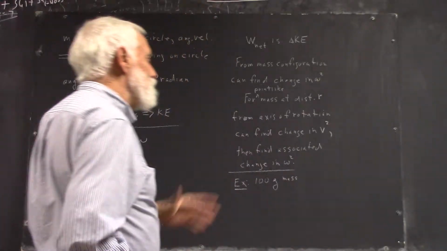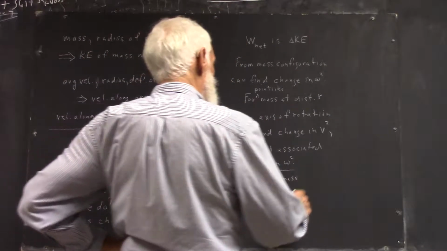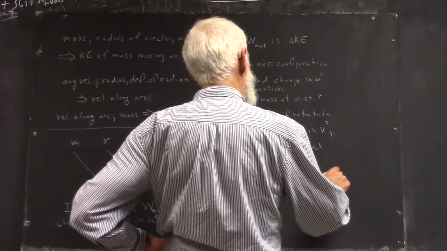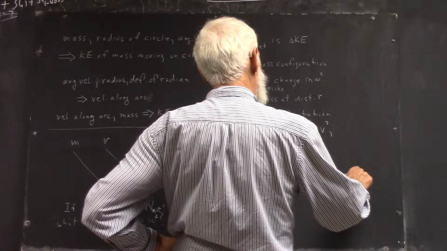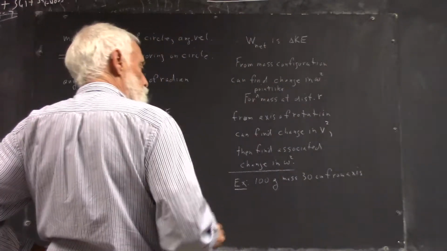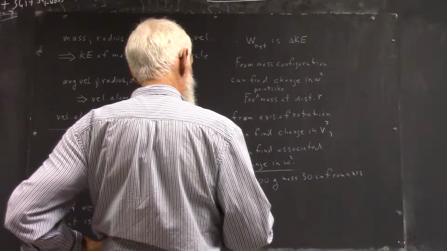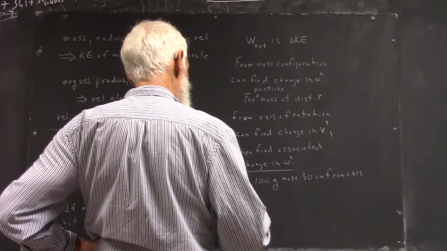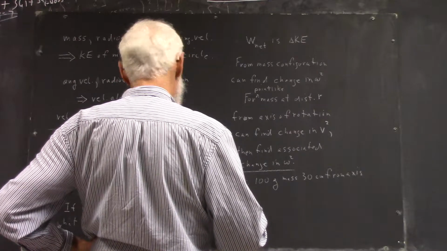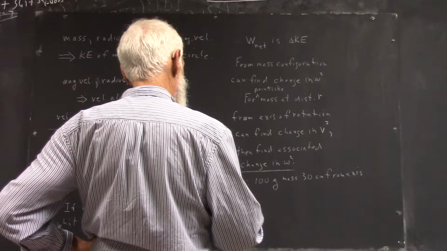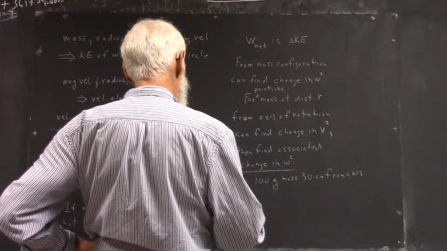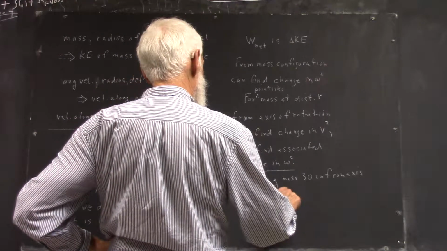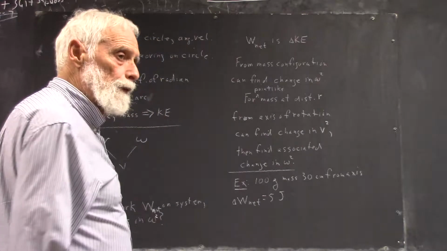So, back to our example, a 100 gram mass, 30 centimeters from the axis of rotation. Let's assume delta W net is 5 joules.